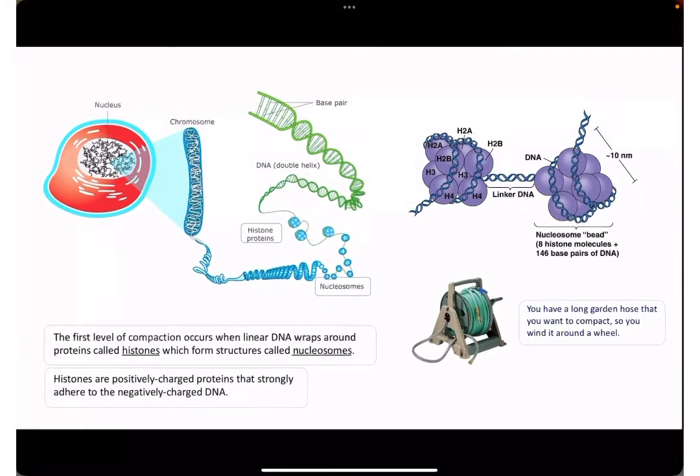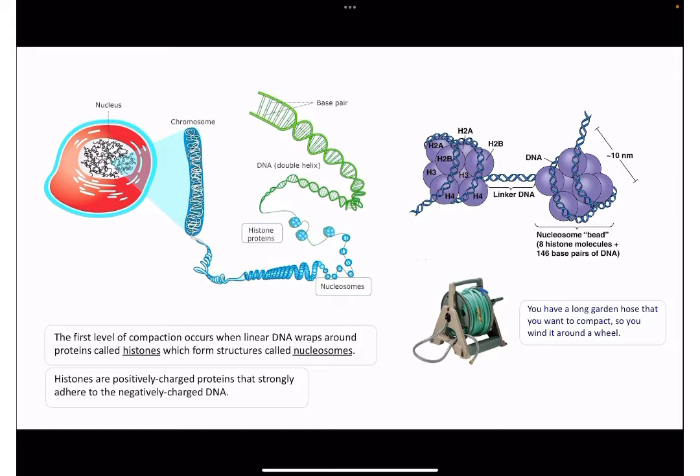So the first level of DNA compaction into chromosomes occurs when this linear DNA wraps around proteins called histone proteins, and by doing so, forms these structures called nucleosomes. So each one of these is an individual nucleosome. And we can take a closer look at that up here.